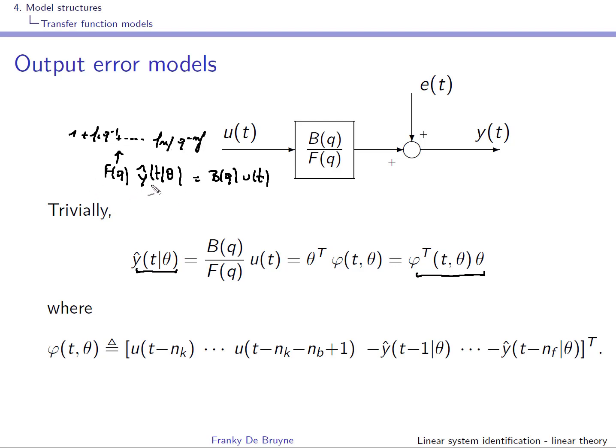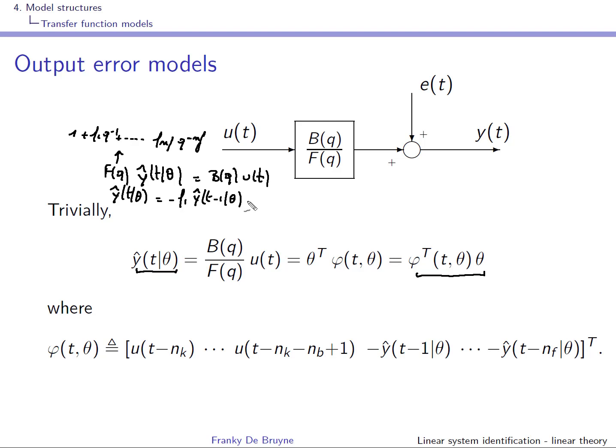So you can write this one step ahead prediction as, multiply by F(q), so this multiplied by 1 gives this one, and then this one multiplied by this one, and taking it to the other side we have minus f1 and the prediction at the previous time instant.